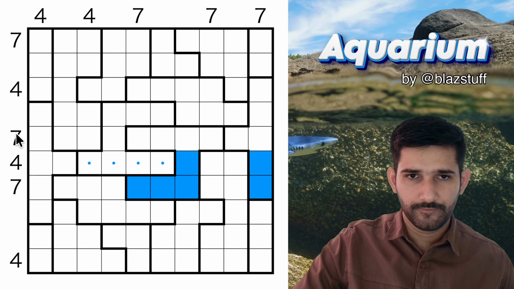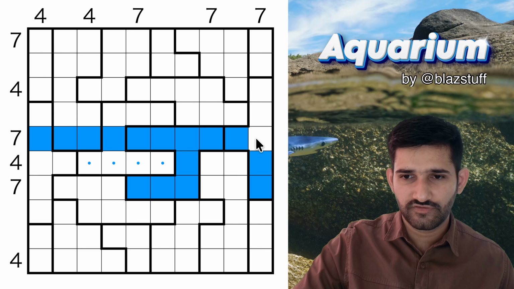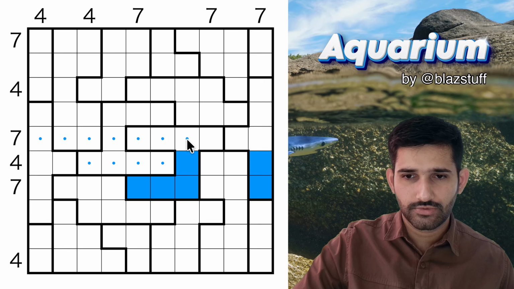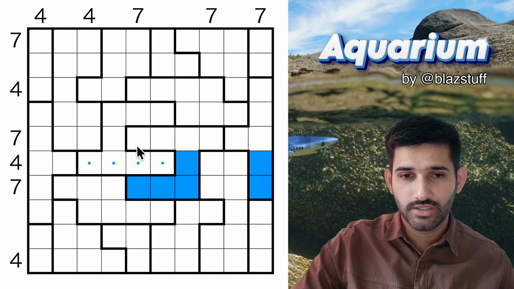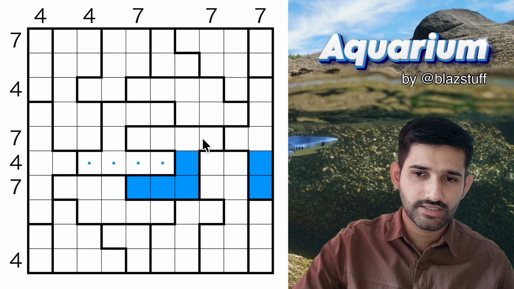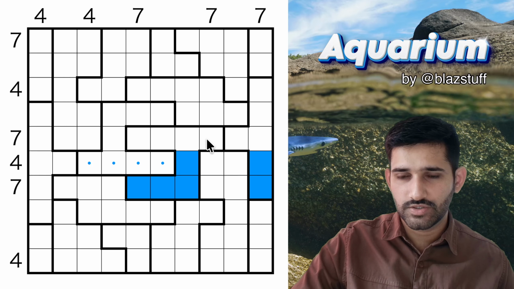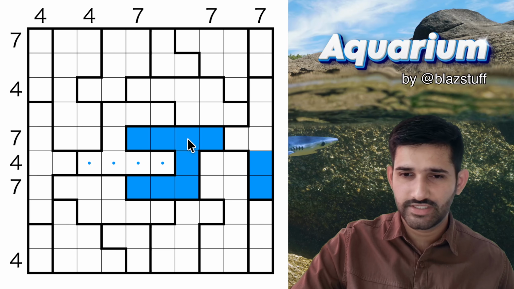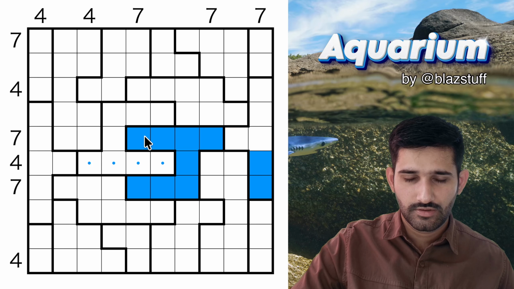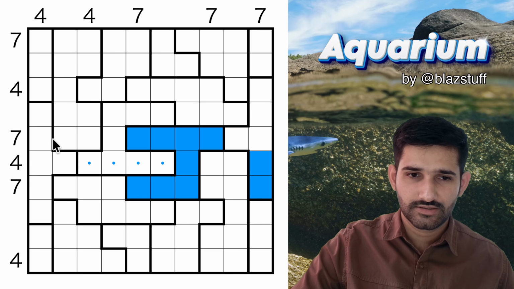Okay, now look at this 7. To make a 7, we need 7 cells, and there are a total of 10 cells: 1, 2, 3, 4, 5, 6, 7, 8, 9, 10. Out of these 10, I have to keep 3 cells empty, and they cannot be from here, because if I keep any cell empty, all the cells at this level in the container are going to be empty. Water is present here, so these cannot be empty. So we already have 4 water cells of this 7 in this row. That's good.